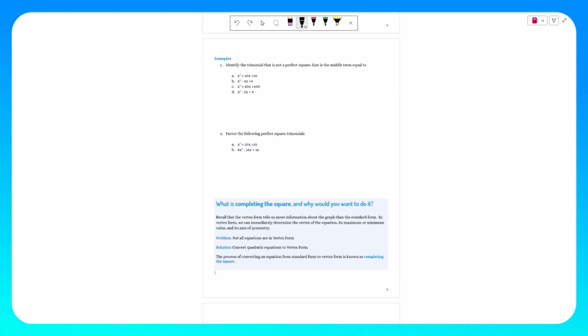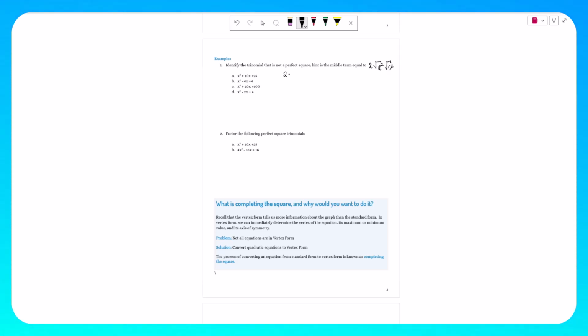And hint, remember the middle term is equal to, and let's write it in, 2 times the square root of the first term, which was a squared, times the square root of the last term, which is the square root of c squared. So let's start by figuring out if we take 2 times the square root of the last term and the first term, do we get the middle term?